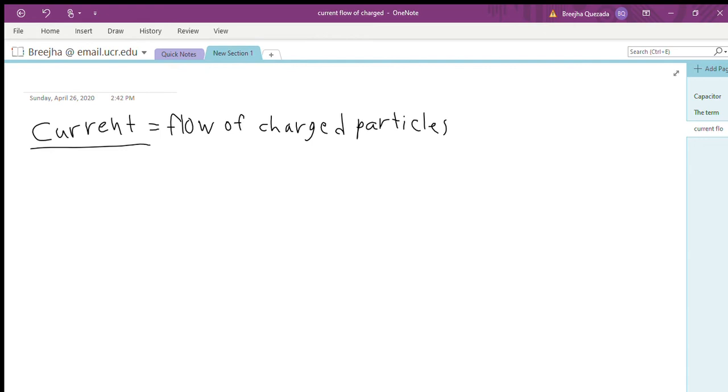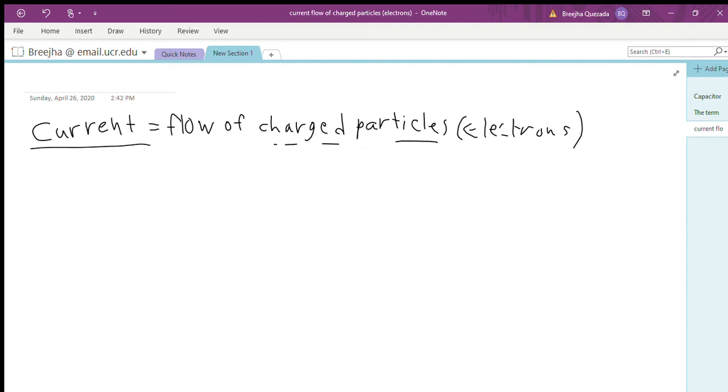So it's important to notice that these charged particles are most commonly electrons, because I've mentioned before that the other charged particle that we know of, protons, typically don't move because they change the structure of the atom that they're in. So we usually, especially with circuits, think of current and charge flow being electrons moving from place to place.